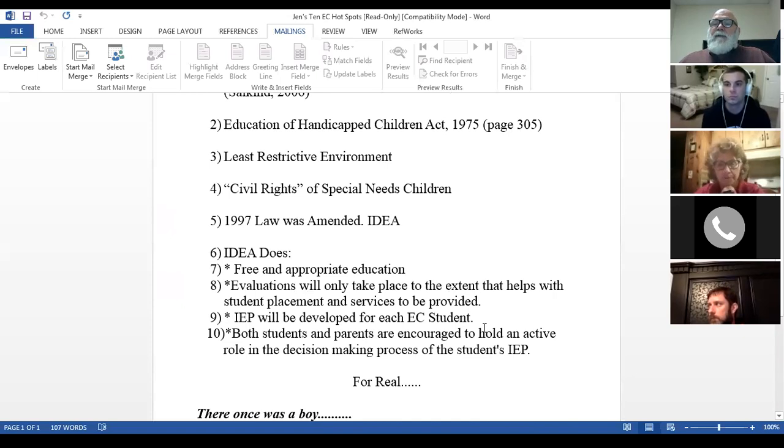ADD, attention deficit disorder, is a diagnosis from a psychologist and does not qualify a student for a 504 accommodation plan. ADHD is an MD, medical doctor, diagnosis. That does require a 504 plan. You need to know things like that.